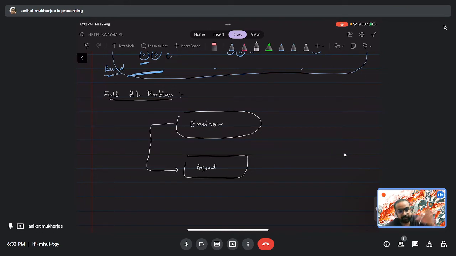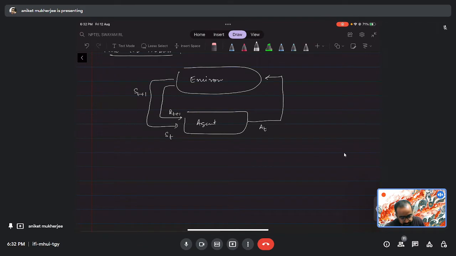The environment might have different states, and the agent will take different actions on the states. So it will observe at time instant t what the state of the environment is, and then based on that state, it will take an action At. Once it takes an action At, the environment gives the agent a reward Rt plus 1 and also changes its state to St plus 1.